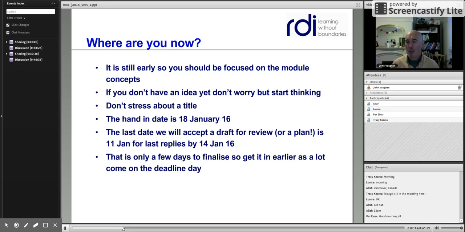The more precise your objectives are, the more chance that you've got of making this all fit together really well. So, as I say, if you don't have an idea yet, it's not time to start worrying about it. There's another 3 or 4 weeks before you hit the panic button. The hand-in date is January, 18th of January, so that's fine.